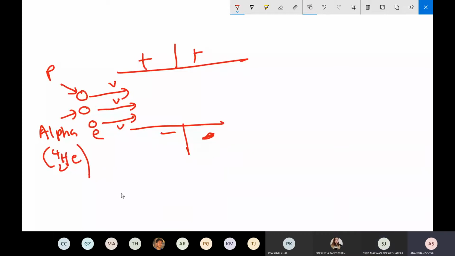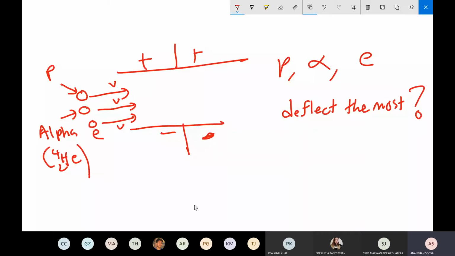Now the question is, out of proton, alpha, and electron, which deflects the most? Which deflects the most means which is going to hit the plate earlier?